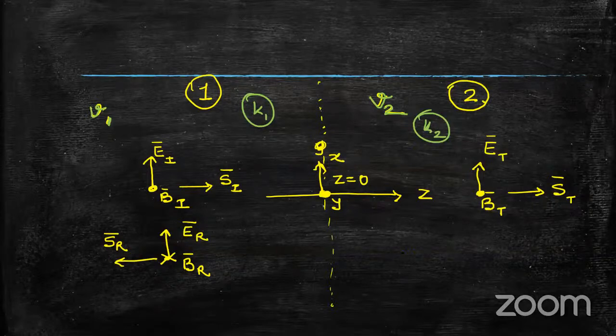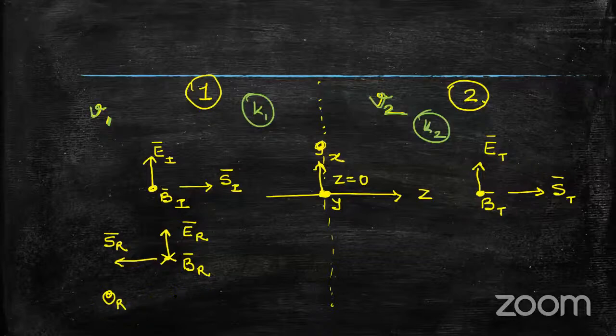So consider a general case. Instead of EI in the X direction, ET and ER are not in the X direction. So ER has an angle theta R with the X direction.